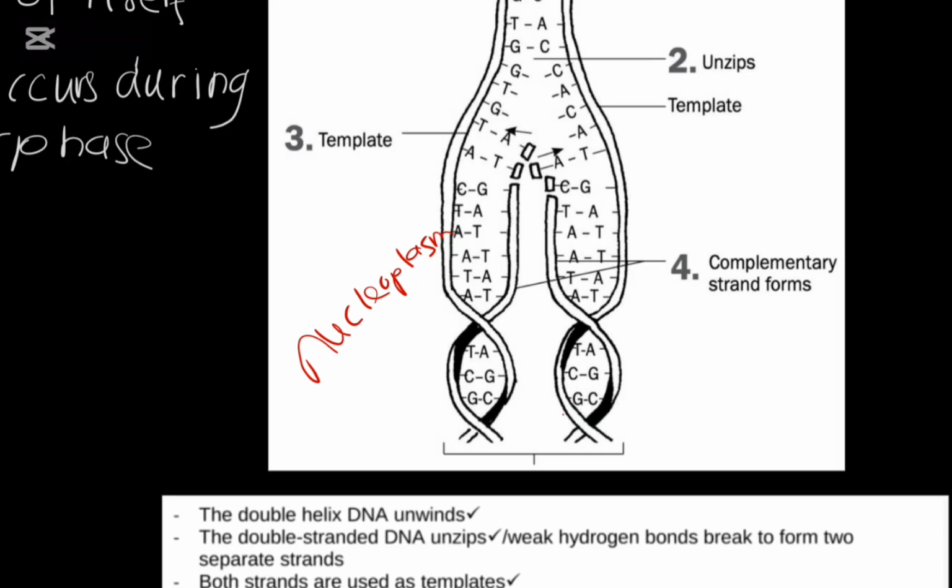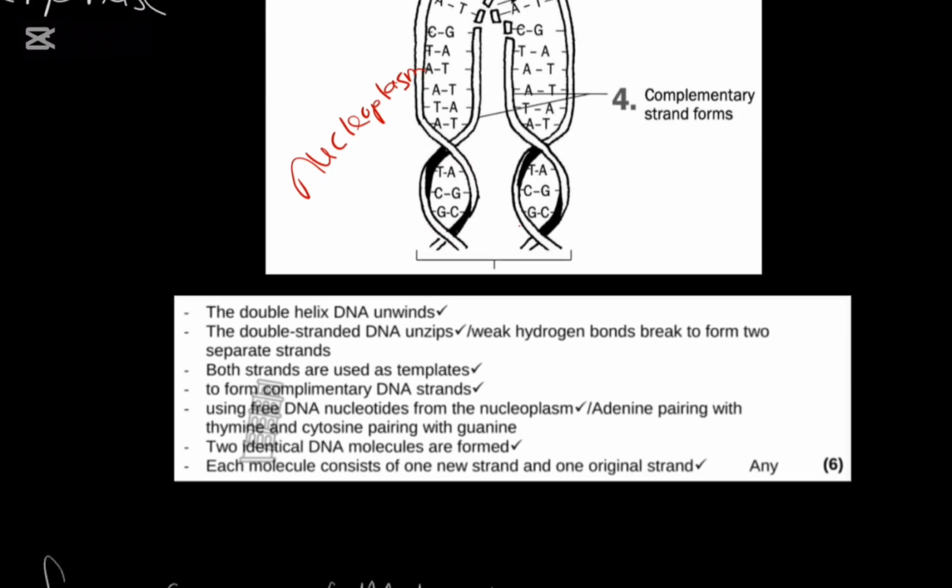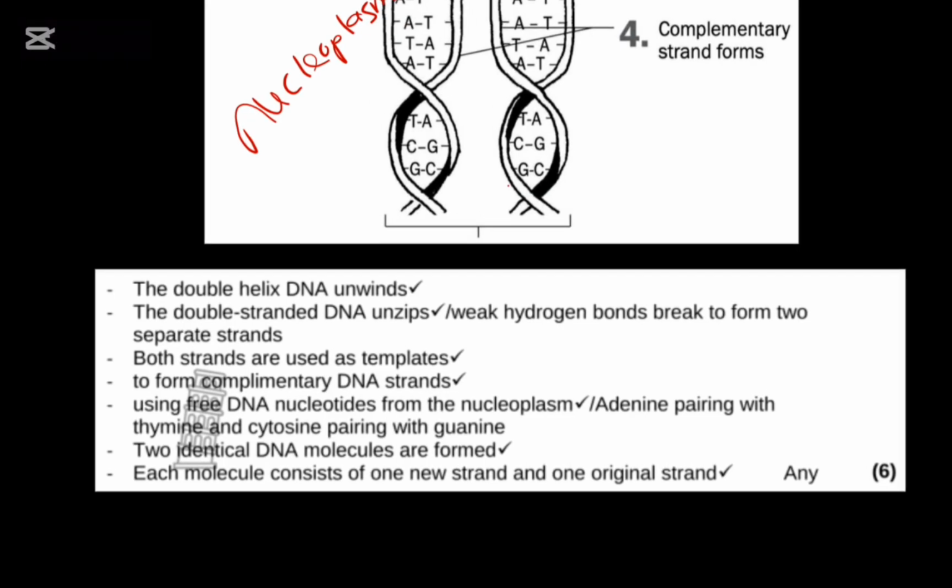So they are the ones that form the complementary strands. And then we come back to here, where we extend and say that adenine pairs with thymine. You don't really need to say that, but it's basically explaining base pairing.